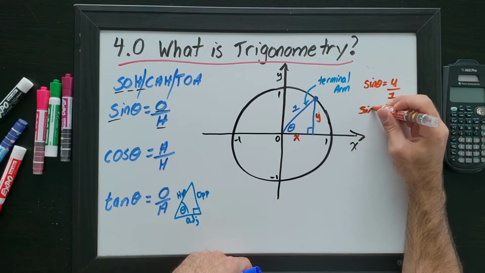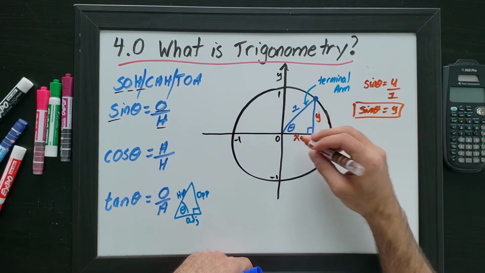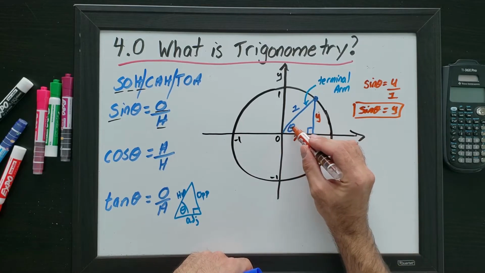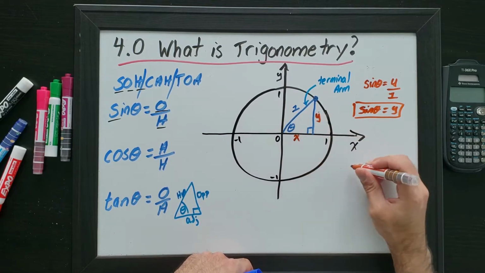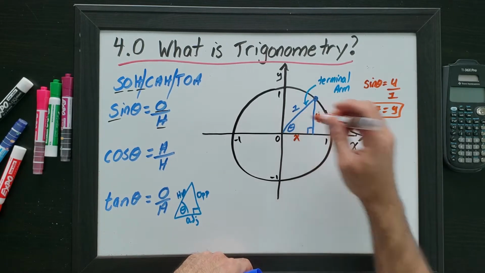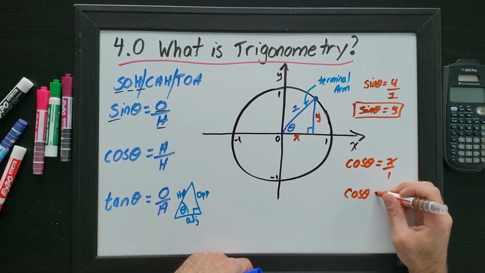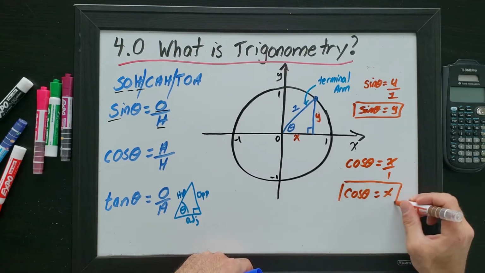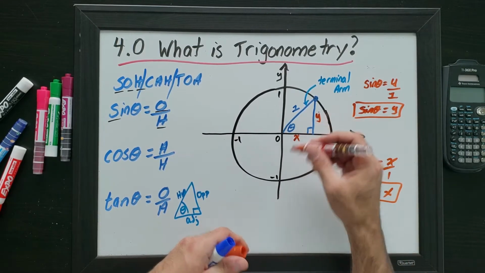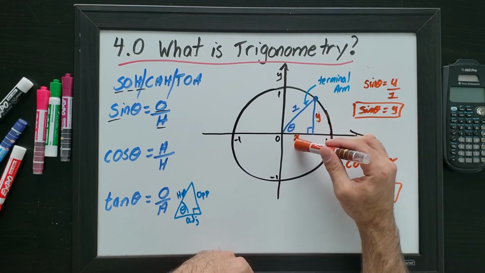So this means that sine theta is y. And I'm going to do the same over here. This is cos. This is adjacent over hypotenuse. So cos theta is x over 1. Well, this means that cos theta is x. Now, where am I going with this? This means that these actual distances are sine of theta and cos theta.